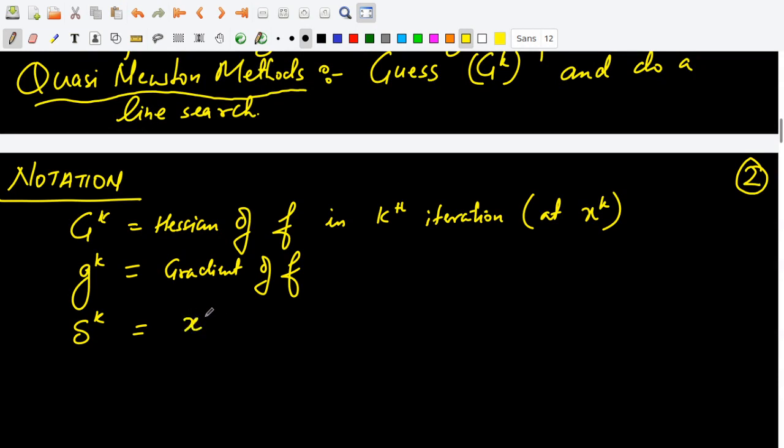So this is xk plus 1 minus xk, and not xk minus 1. So it is important that delta k is the change from xk to the next iterate, not the previous one. Similarly, gamma k is going to be the change in the gradients from the current gradient to the next one.